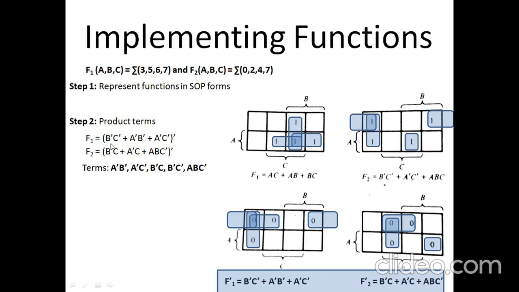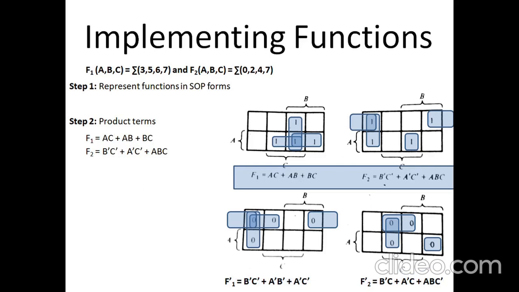So we have 6 terms in F1 and F2, but in the product term set we have 5 product terms because one product term is common in both, so we take it once. This is the set of product terms when we consider F1 and F2 prime.